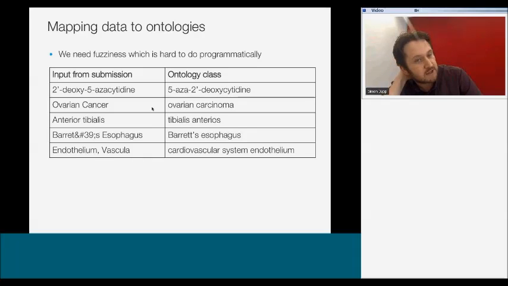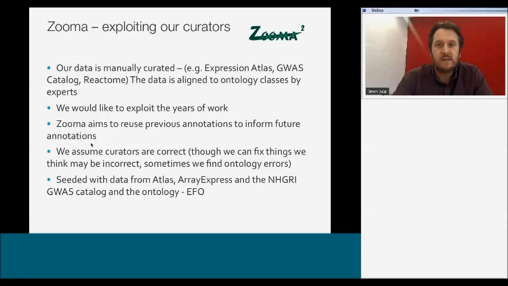Like I mentioned at the start, you've got various ways of describing the same concepts. We might have spelling variations, and then there are errors and typos and all kinds of things that you can imagine people do, and we see all of these. So we have a sister platform for OLS, which is called Zooma, which is really about exploiting all the curator knowledge.